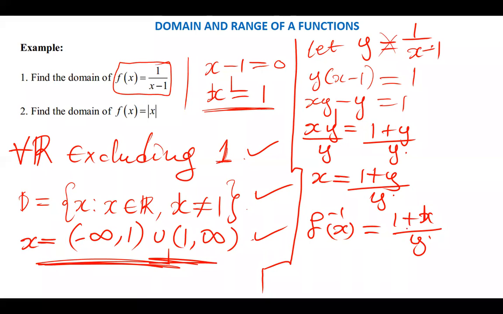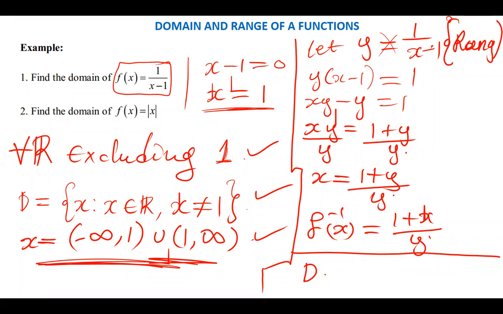So to find the range of this function, remember we are finding the range. I'm emphasizing this one because a lot of people get confused. Let me make this clear.